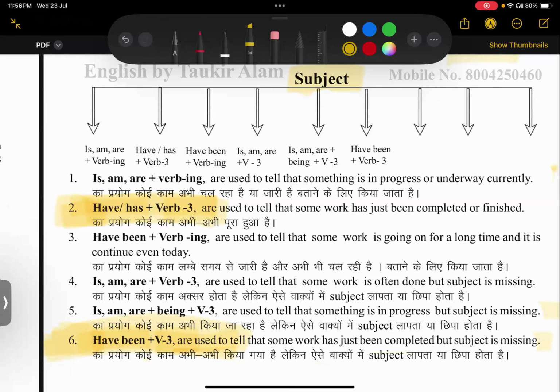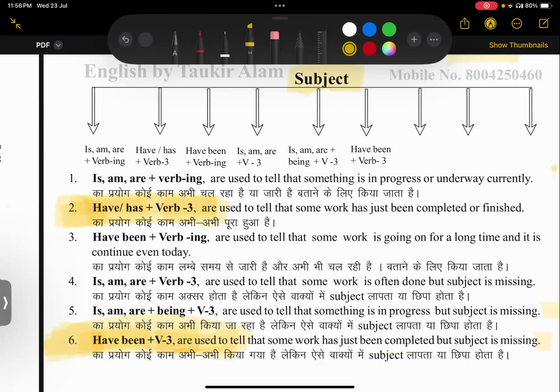Next. I have broken my chair. Means in Hindi, मैंने अपनी कुर्सी तोड़ दी है. But if I say my chair has been broken, that means मेरी कुर्सी तोड़ दी गई है.